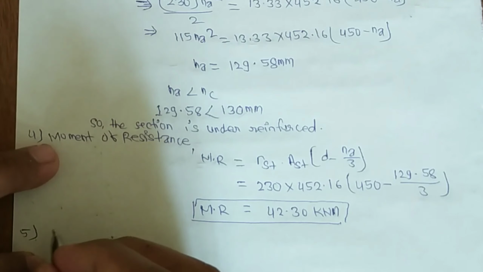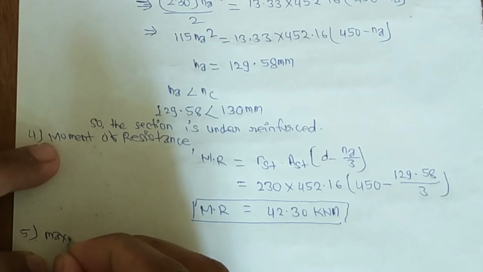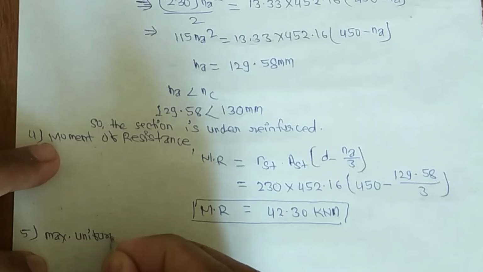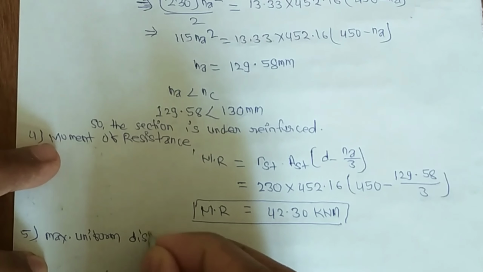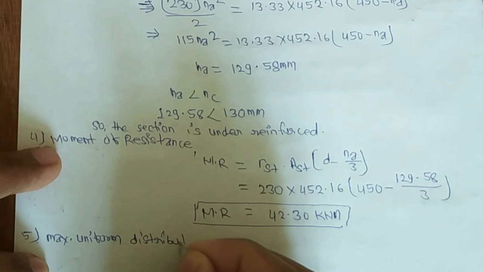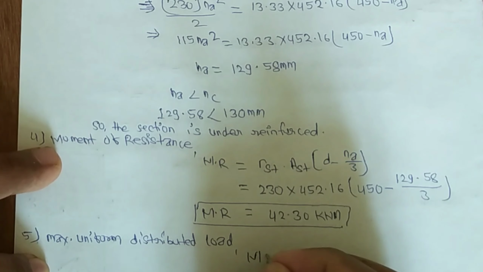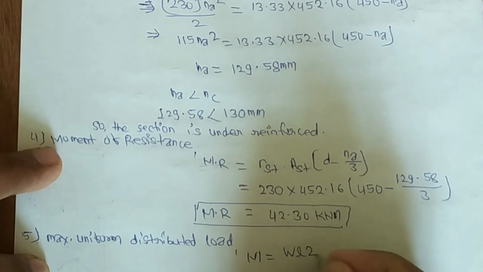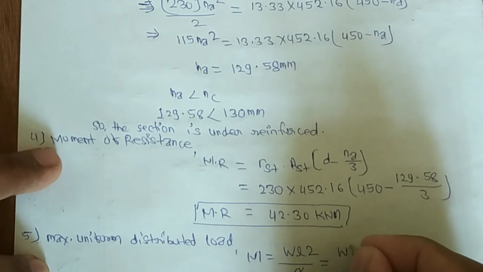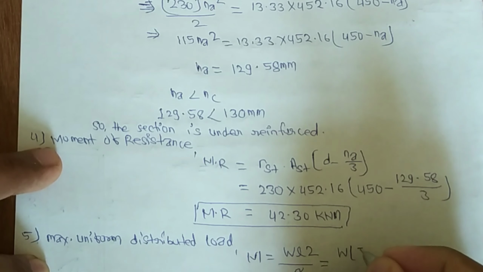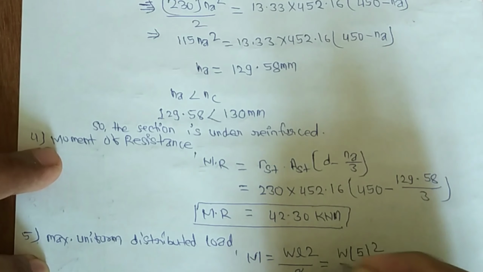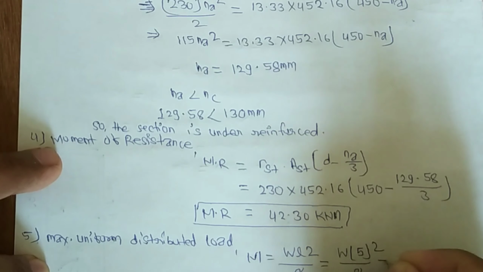Now we have to calculate the maximum uniformly distributed load. The maximum bending moment M is w L square by 8. We have to calculate w. The span L is given as 5 in the question, divided by 8. So this value we will get is 3.125 w.